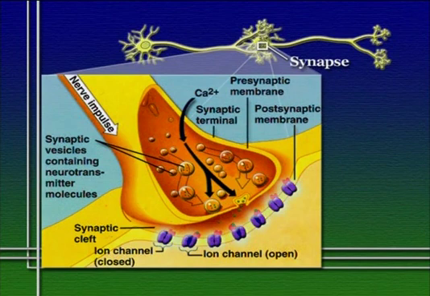Now, these gated ion channels in this case are chemically gated, or we might say ligand-gated channels. These are channels that are opening up because of the binding of the neurotransmitter that was released on the presynaptic side of the cleft that has moved to the postsynaptic side of the cleft.